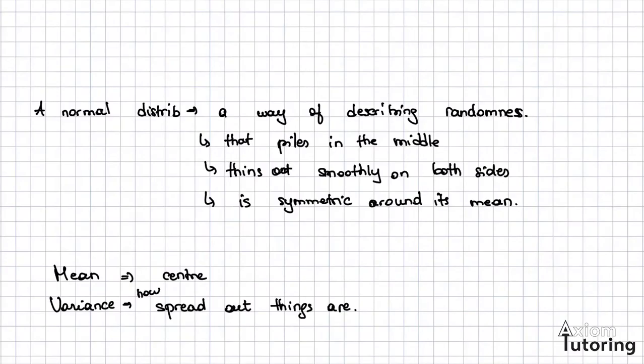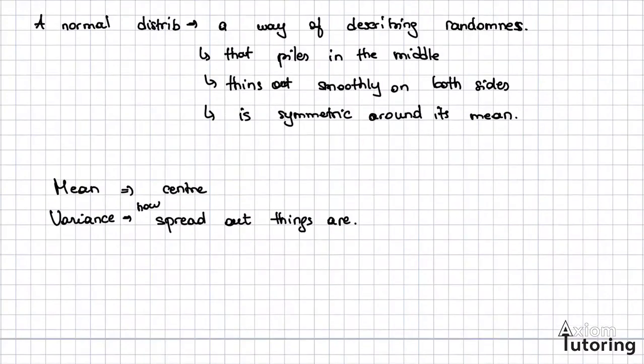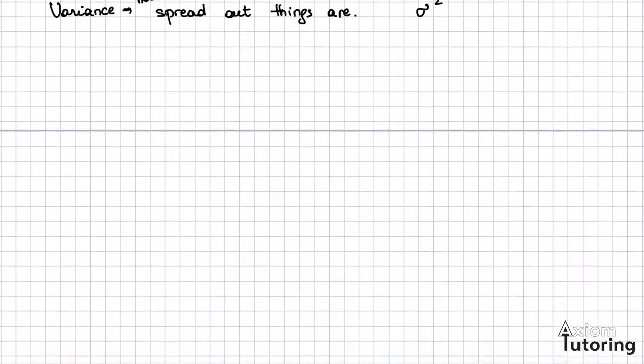For every normal distribution to be fully described, you will need two numbers. And usually the mean information is going to be given through the mu and then the variance through the sigma square.